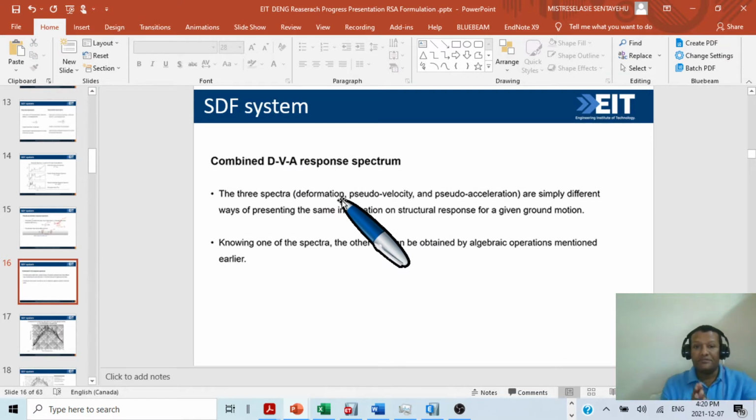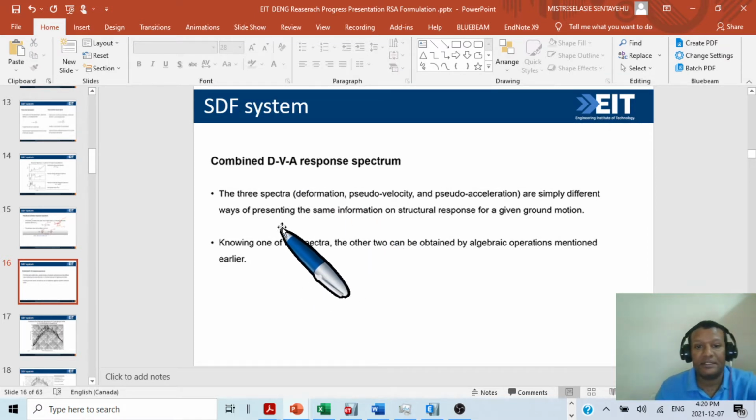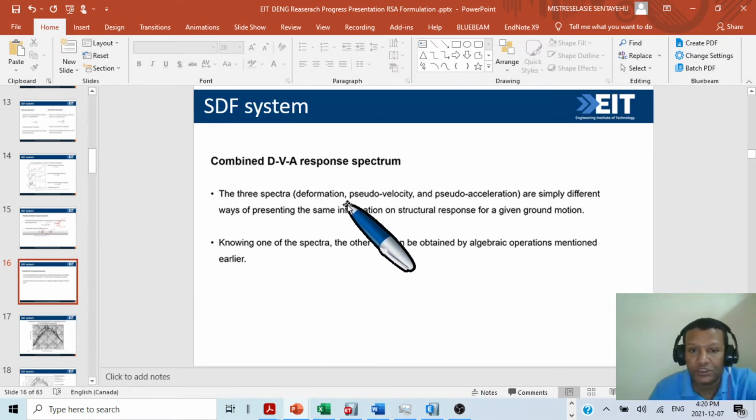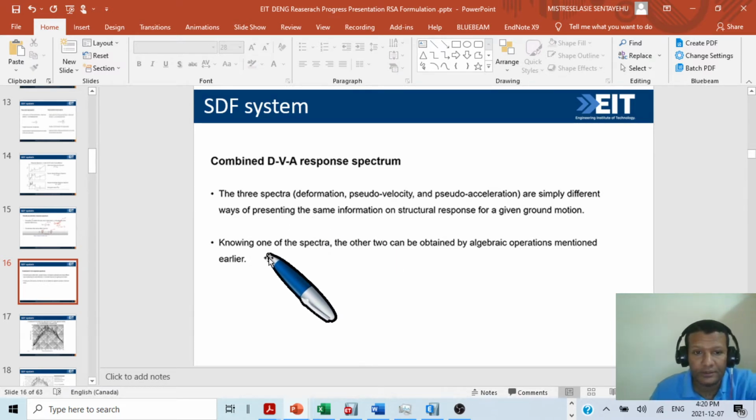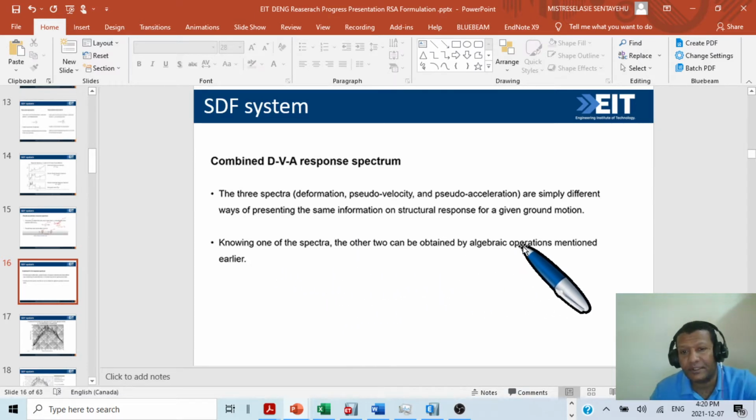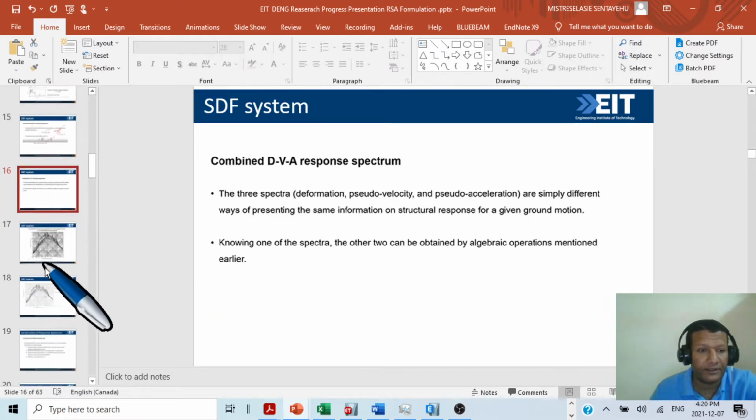The combined DVA response spectrum, the three spectra, deformation response spectra, pseudo velocity, and pseudo acceleration, are simply different ways of presenting the same information on structural response for a given ground motion. Knowing one of the spectra, the other two can be obtained algebraically, as we saw earlier.